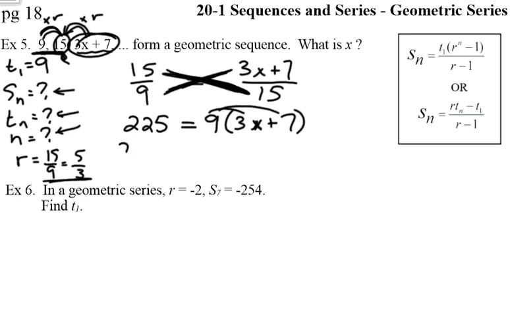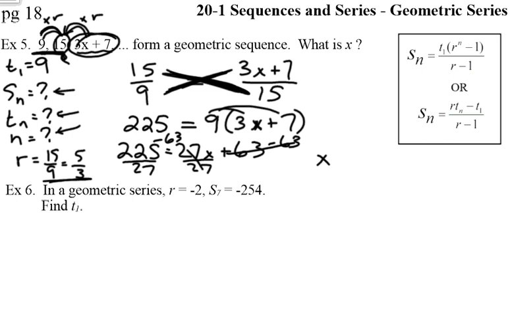Multiply. Get rid of brackets. Get x by itself. Going to subtract 63. And then I have to divide by 27. So 225 minus 63 divided by 27. That gives us an x value equal to 6.